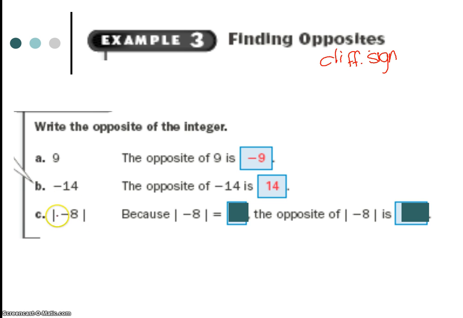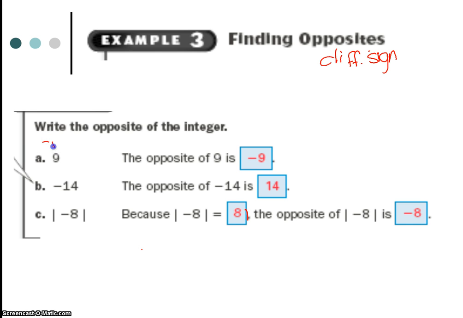Part C, you have to find the opposite of the absolute value. So we always start with the absolute value. What is the absolute value of -8? Well, it becomes a +8. So then what's the opposite of 8? That would be -8.